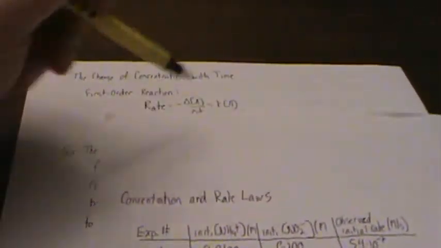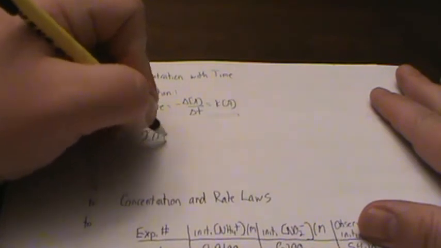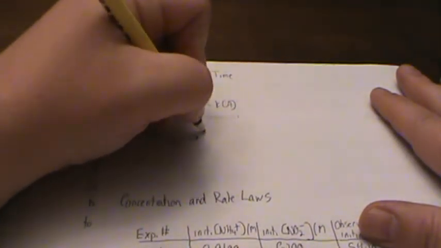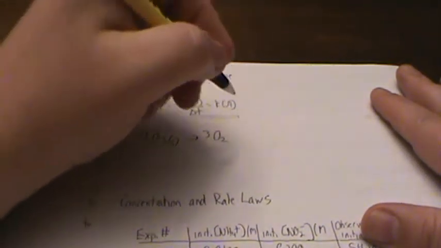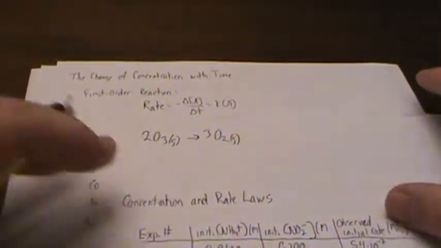Okay, so let's look at this one. So we said 2O3 gas yields 3O2 gas.